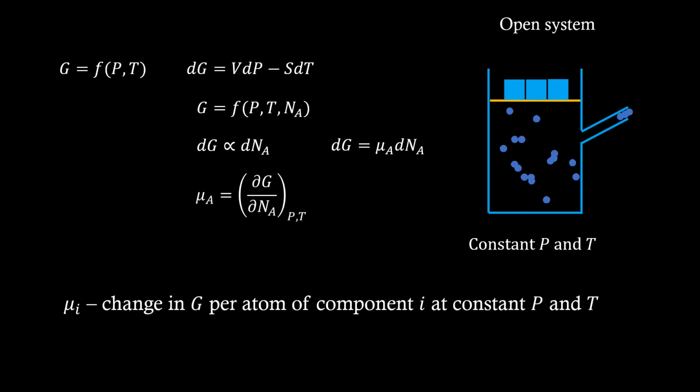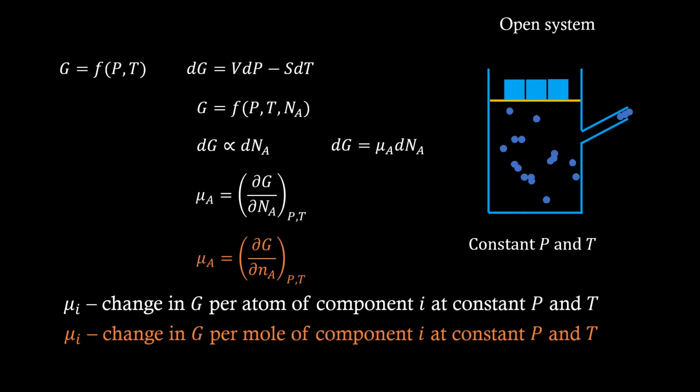For an arbitrary component, change in Gibbs energy per atom of component I at constant pressure and temperature. A more practical definition involves number of moles of atoms instead of number of atoms, the small Na. Change in Gibbs energy per mole of component I at constant pressure and temperature.